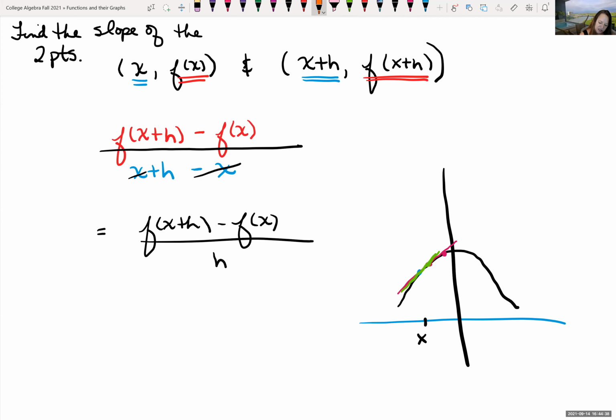If I chose it even closer, I'm going to get an even better estimate of what that slope is at that particular point. So in calculus, what we're doing is we're actually limiting that distance, because what we're choosing that point to be is we're adding h to this x value.